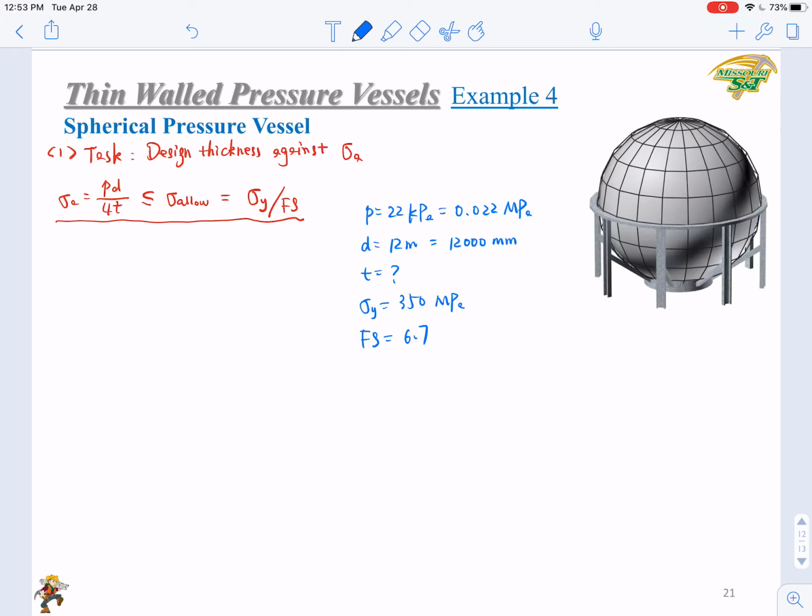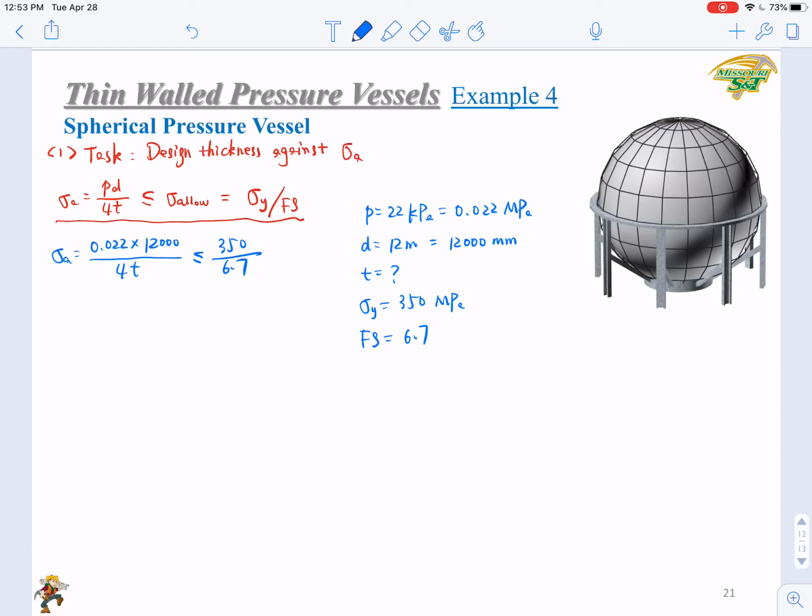Okay. Then here we can use these numbers to do our calculation. Sigma A would be 0.022 MPa times 12,000 millimeters over 4T. This should be not larger than 350 over the factor of safety 6.7.